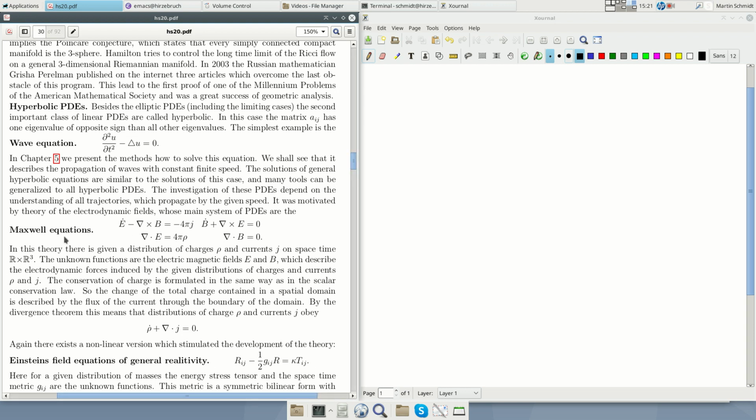So it's the Maxwell equations. This is now a system of PDEs, with E and B. E is the electric field, B is the magnetic field, rho is the distribution of charge, and J describes the current. So this describes the flow of the charge, how the charge flows with respect to time.